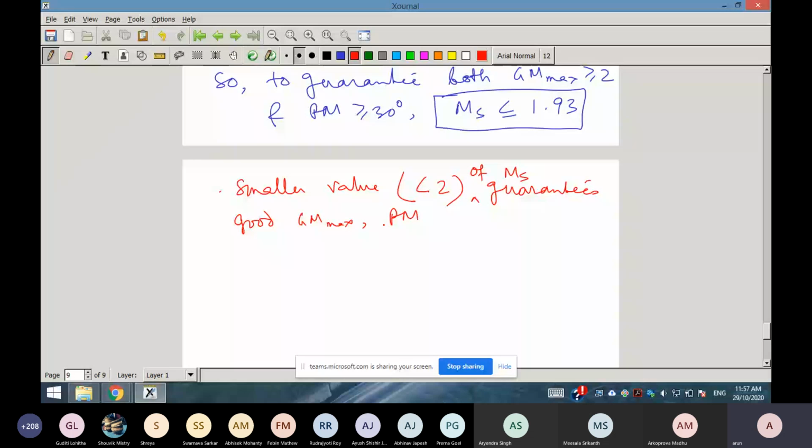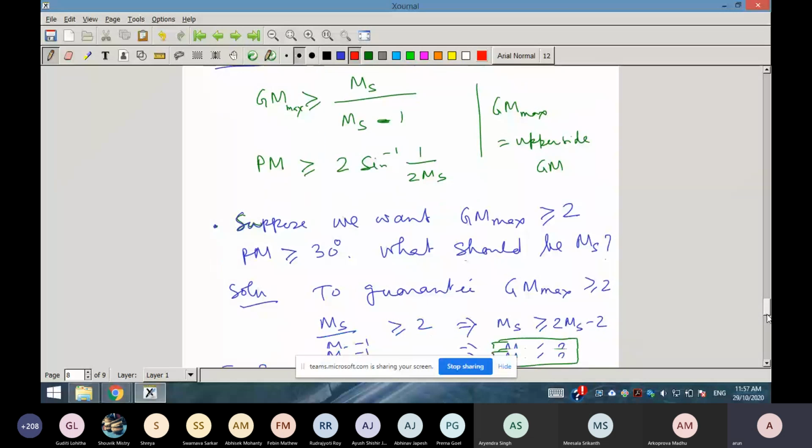Similarly, for the lower side gain margin also one relation is there, and I also have to prove this one, and you can easily prove it.